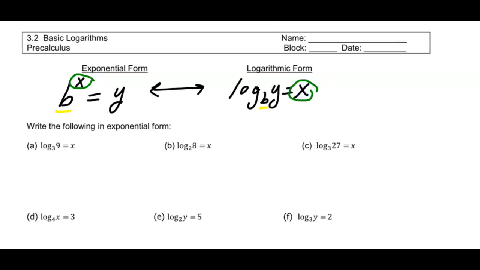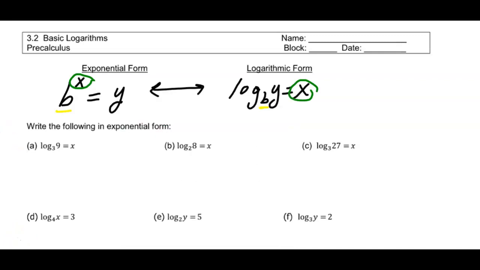And then the answer from your exponential form is what you're taking the log of, is what they say. Okay, so b to the x equals y, and log base b of y equals x. Those two forms, you can bounce back and forth. Okay, so let's look at a couple and practice bouncing back and forth between the two forms here.